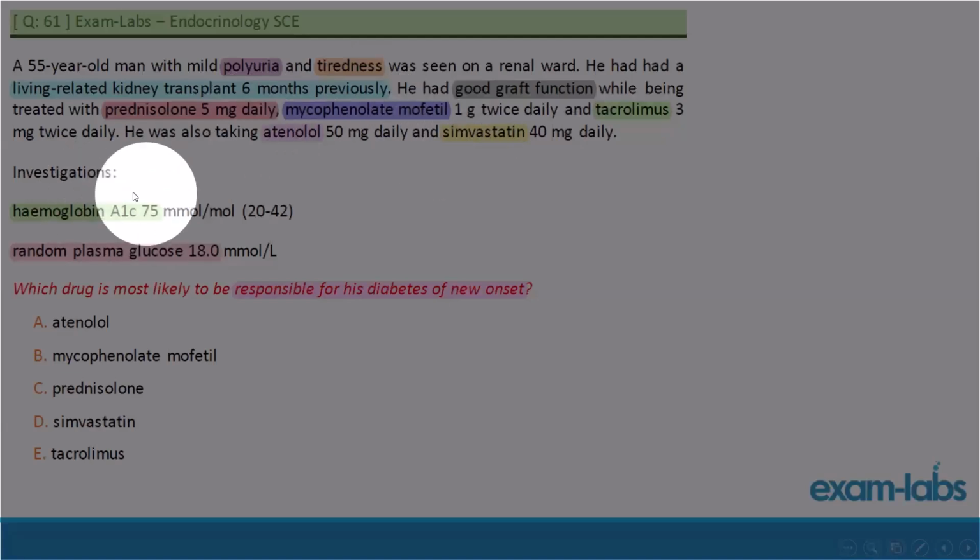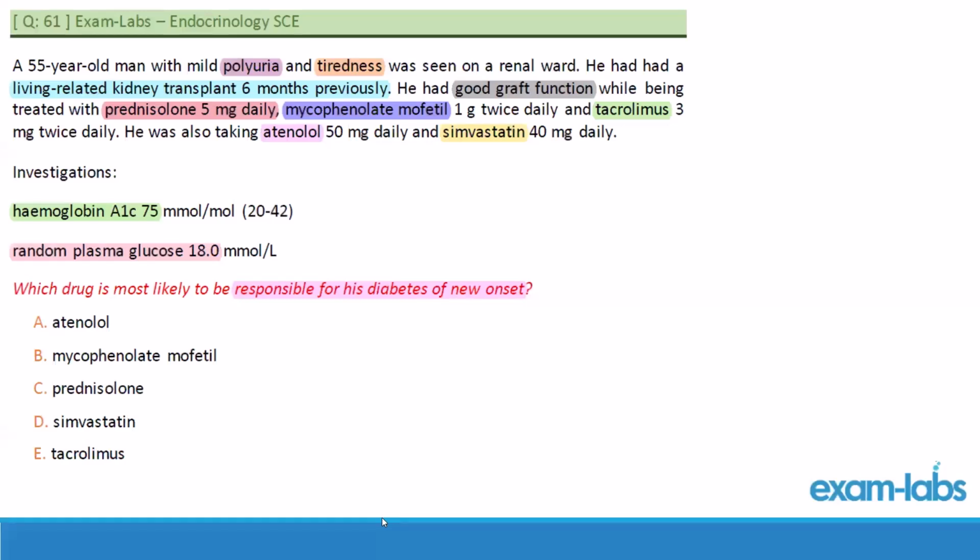The hemoglobin A1C is elevated, the glucose is elevated, and the patient is diabetic. Which drug is most likely responsible for the new-onset diabetes? Is it the beta blocker, mycophenolate mofetil, prednisolone, or tacrolimus? Please choose tacrolimus.